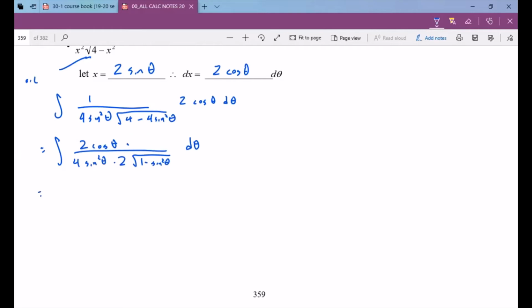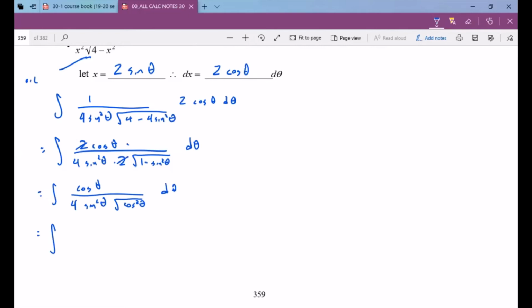This simplifies out a bit. The 2's divide away. We still have cos theta upstairs, but that's going to be gone pretty soon. Cos theta over 4 sine squared theta times the square root of cos squared theta d theta. And we're almost done because the square root of cos squared is just cos.